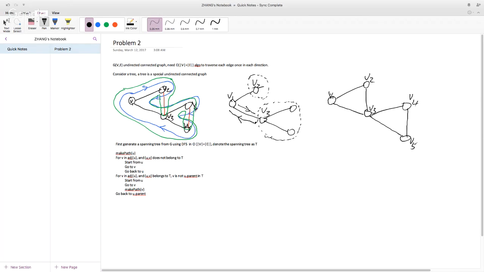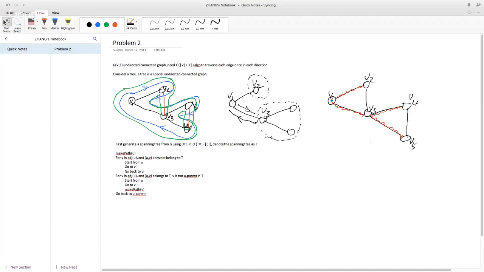Suppose now we are at V1. And for each V, the spanning tree, suppose the spanning tree is this one.